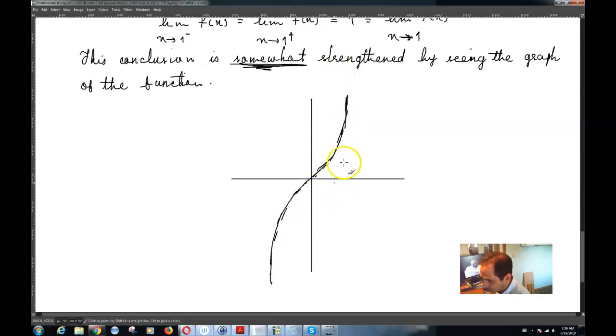So this seems to be a curved line. But based on what we said in the whole process of derivatives, what we found out was that, for example, from this point all the way up to this point, if we wanted to find the average velocity, this was the slope of the secant line.